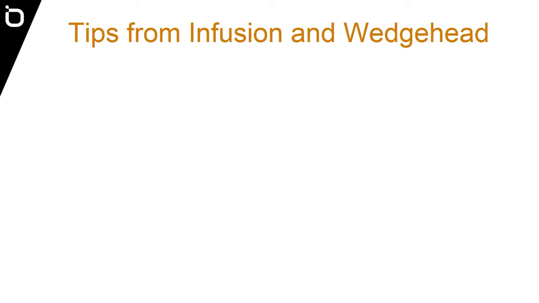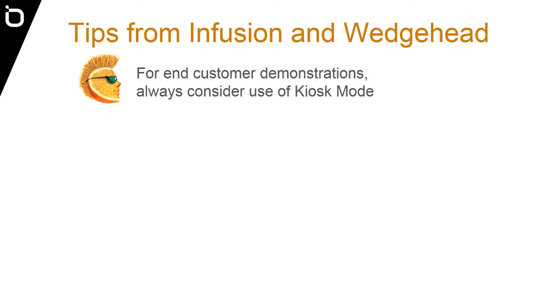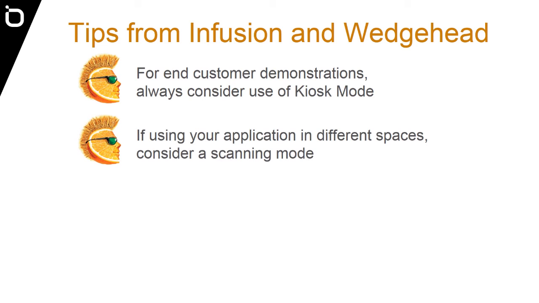So to give you a few tips that we've learned from our first holographic experience, the first of which is to make sure that when we're doing these end consumer demonstrations, you use kiosk mode. It can avoid a lot of the headache you can have managing this experience. If you are going to use your application in a variety of different spaces, make sure you at least consider having some sort of scanning mode, even if it's very rudimentary and just shows the default mesh.